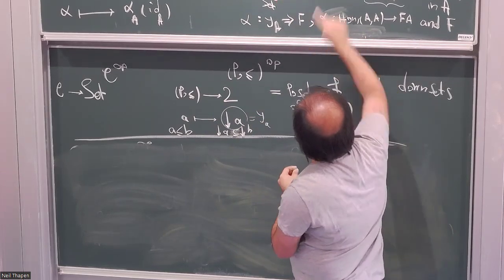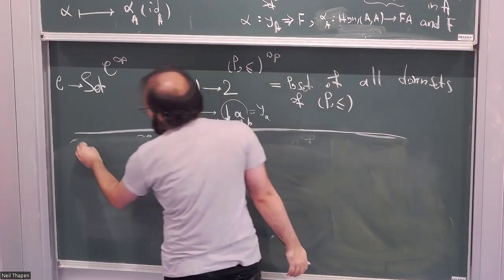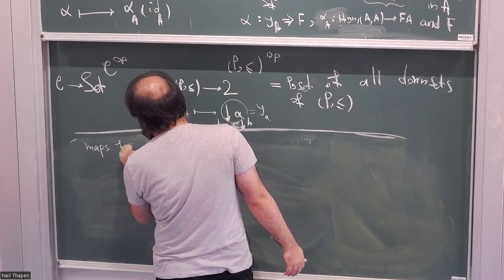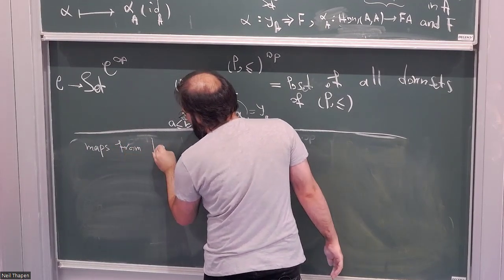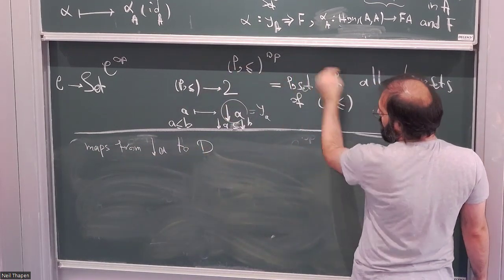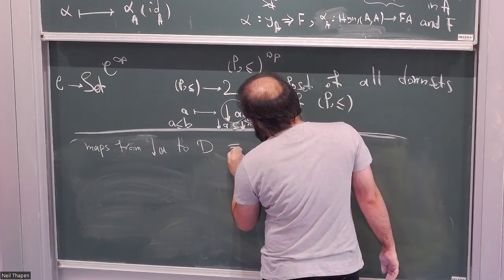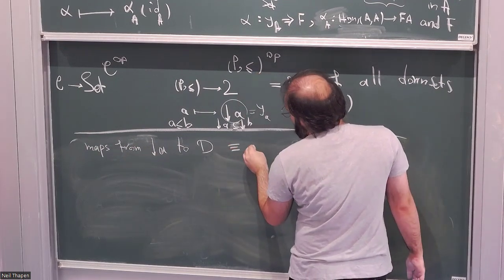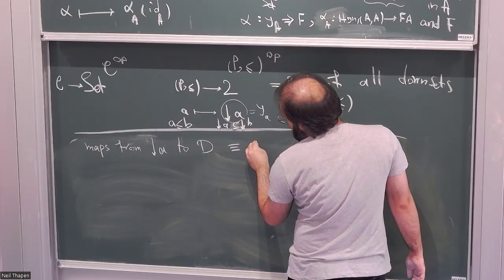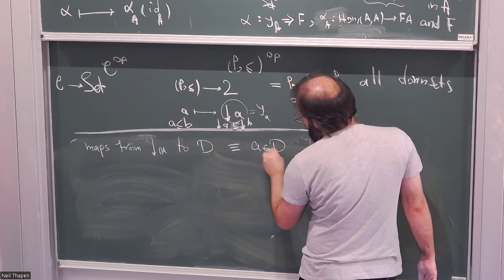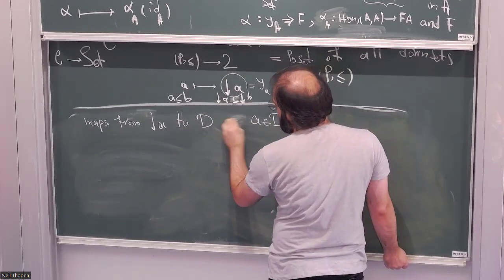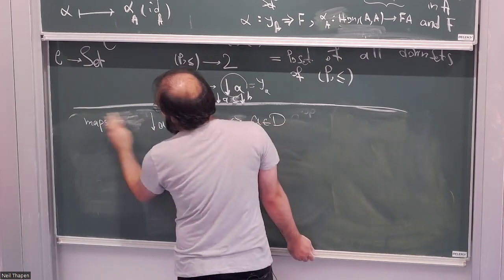And then this says that all the maps from this to some downset, F could be another downset, any downset, are in correspondence with D of A, meaning that D of A is either 0 or 1. So what I'm saying simply is that this guy is equivalent to this.